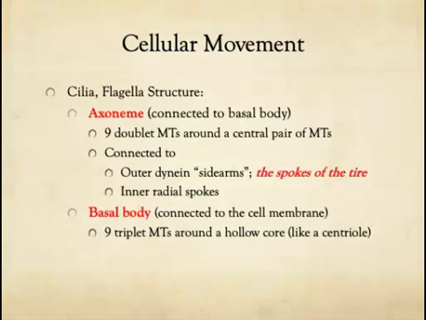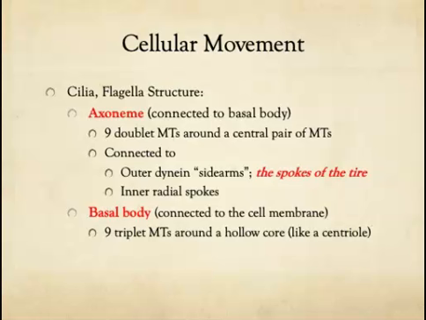So let's take a moment now and think about the anatomy of the cilia and the anatomy of the flagella, particularly in terms of the location of the axonemal dynein. Inside both cilia and flagella, there is a structure called an axoneme. And the axoneme is attached to a structure called the basal body.